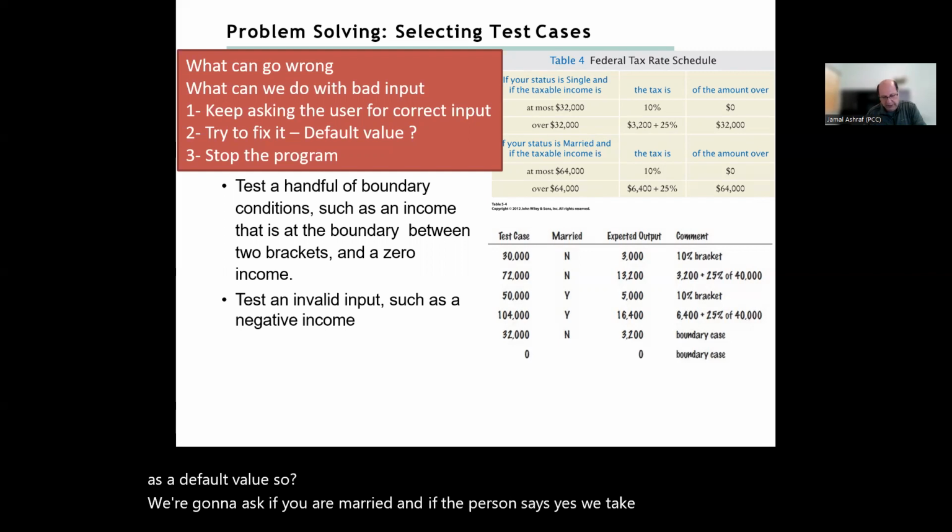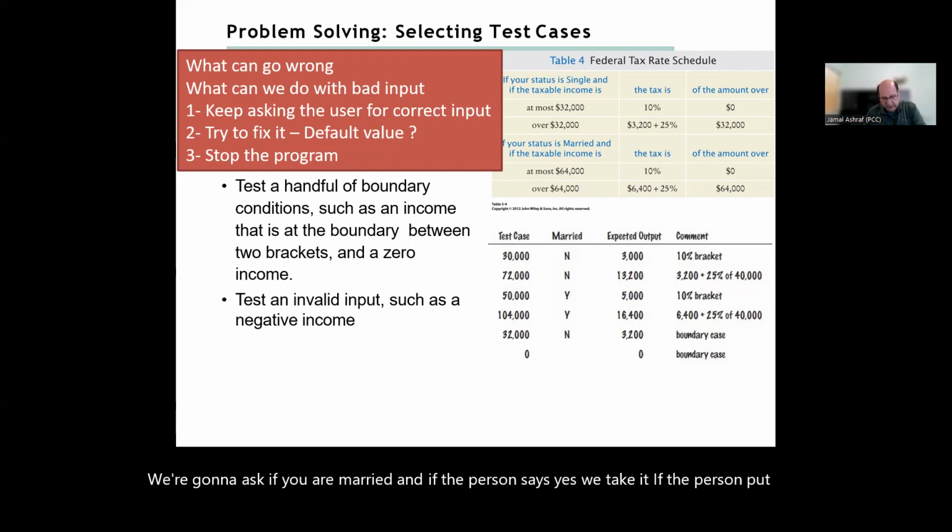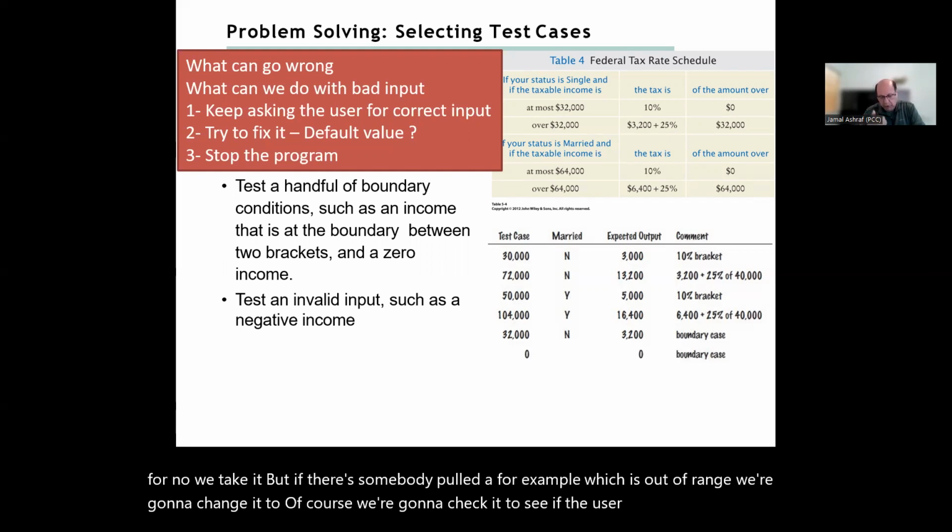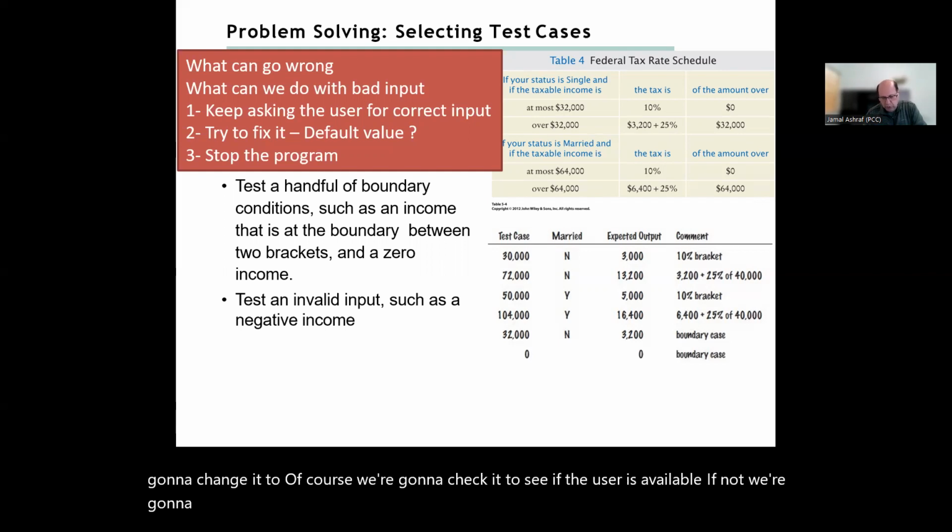If the person puts N for no, we take it. But if somebody puts A, for example, which is out of range, we're going to check to see if the user is available. If not, we're going to change that A to N. So you give me wrong data, I'm going to assume that you're single.